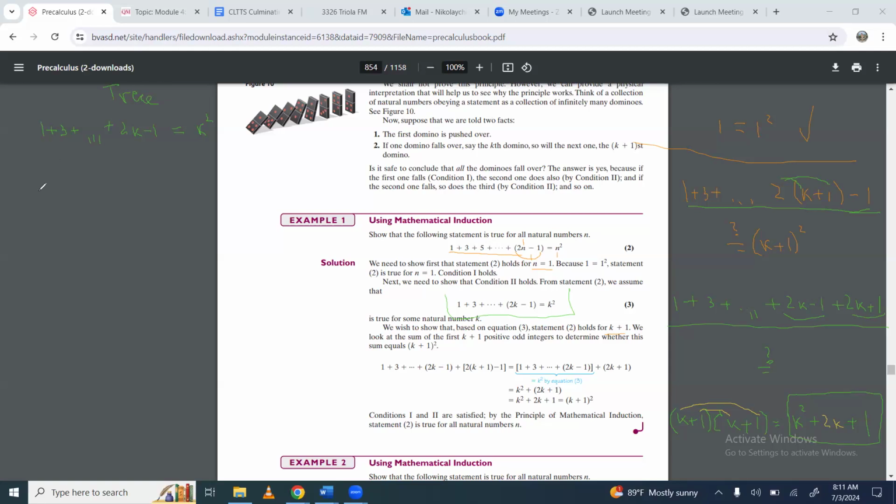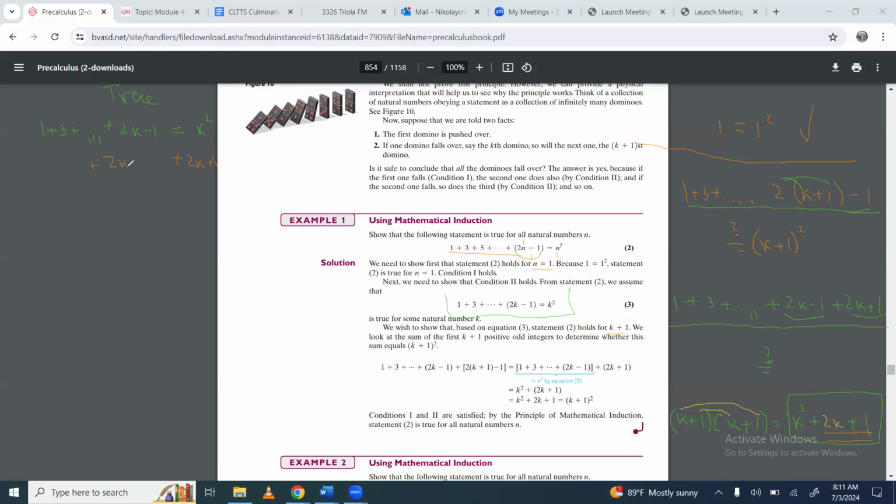So then what I do is add on both sides the exact same thing, and that same thing will be 2k plus 1. If I add 2k plus 1 on the right side, and exactly the same 2k plus 1 on the left side, my equation does not get changed, which means it's still going to be true.